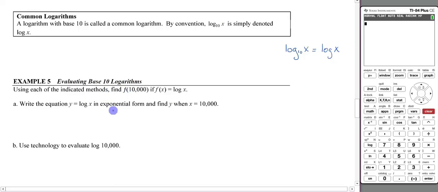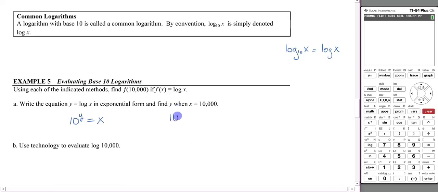Evaluating base 10 logarithms. Using each of the indicated methods, find f of 10,000 if f of x equals log of x. So first, let's write the equation y equals log of x in exponential form. That would be our base of 10 to the exponent y equals x. Now find y when x is 10,000.